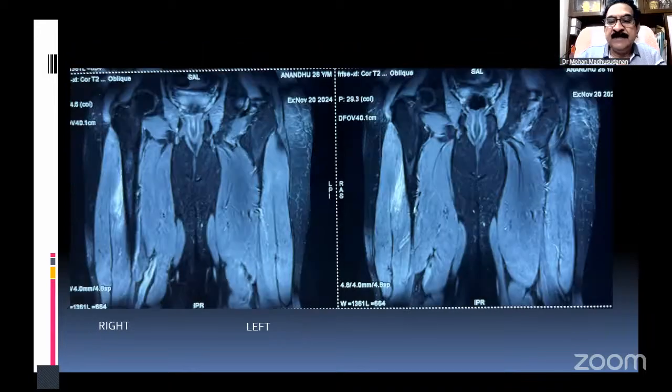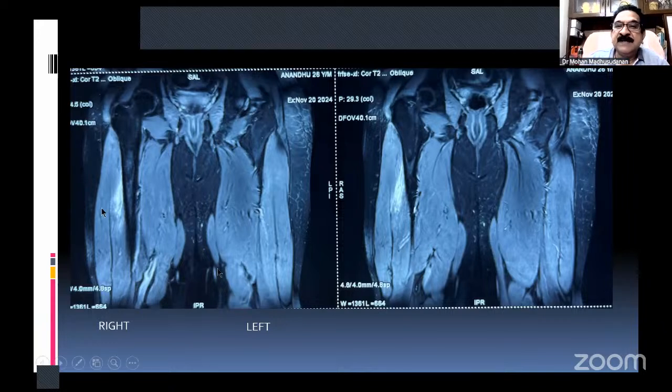But you find that not only in the left quadriceps, the right side quadriceps also has hyperintensity. The vastus lateralis also. The left side is slightly hyperintense, which you can make out compared to the right side.